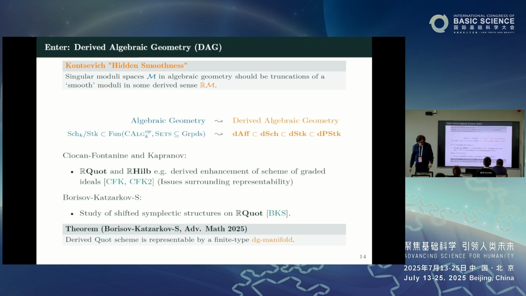So we were so grateful that they told us so. I'm just announcing here that this thing actually got published this year, and we actually fixed the error, and we proved that these derived Quot schemes are representable by finite type DG manifolds. Of course, we are grateful that Misha told us about the error, and later he also reviewed our constructions, so he gave many comments.